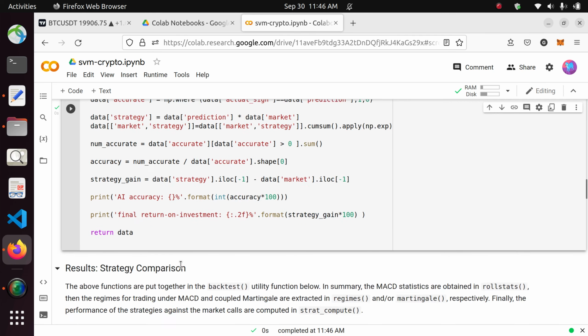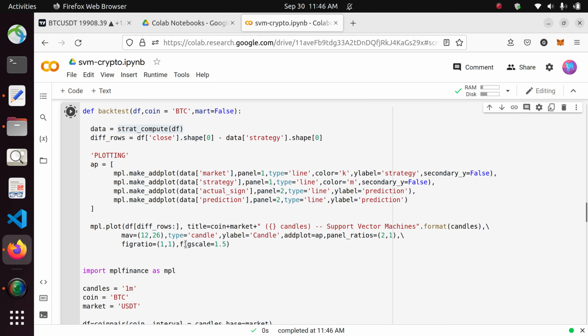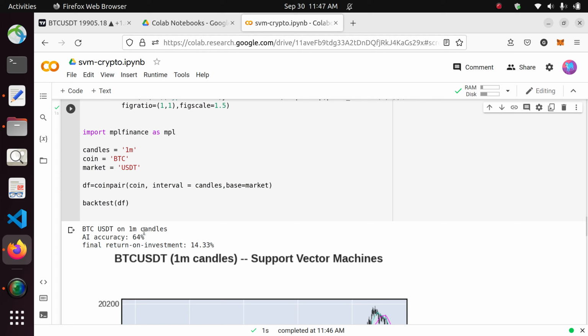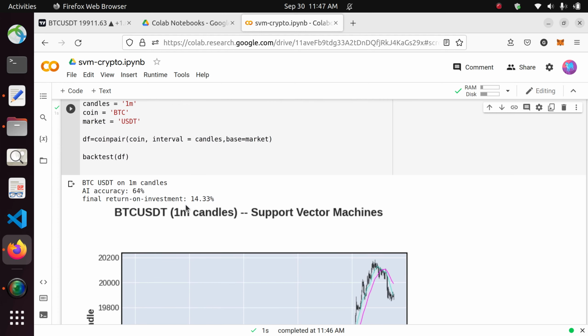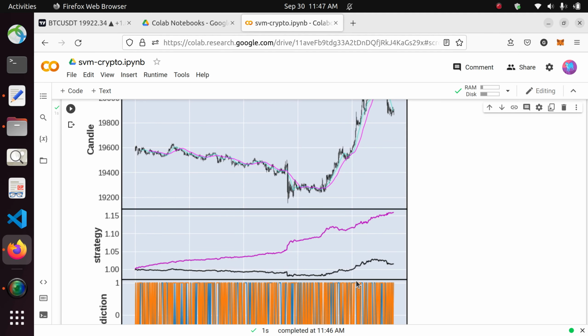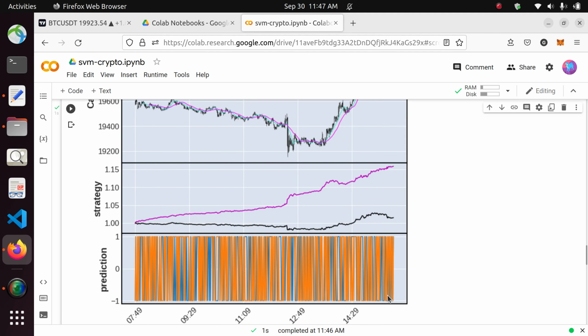We'll run it again, and now we should get the AI accuracy: 64%. So that means 64 out of 100 times it got the prediction right.